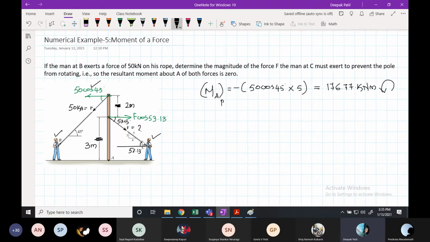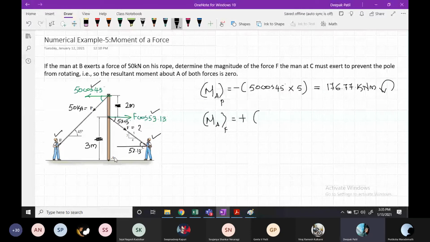Now let me find the moment produced by F cos 53.13 at A. The moment at A because of F will be plus, because the force F at A will cause a clockwise movement.